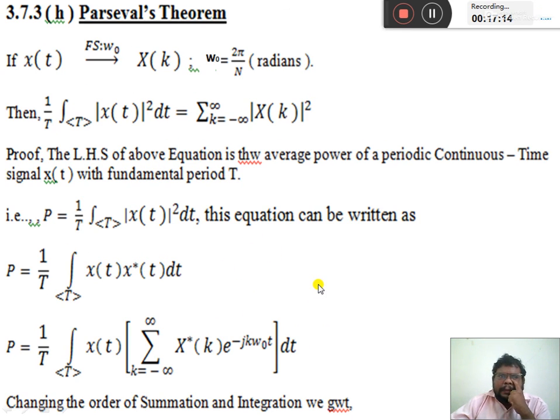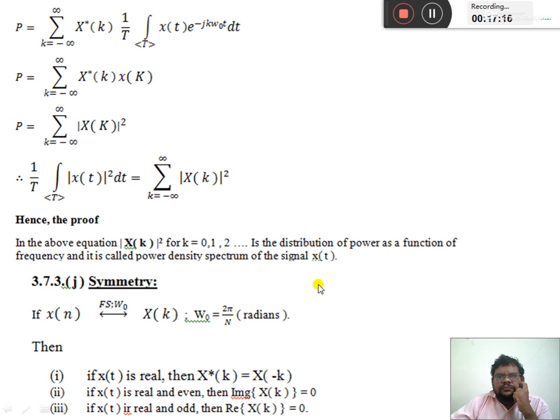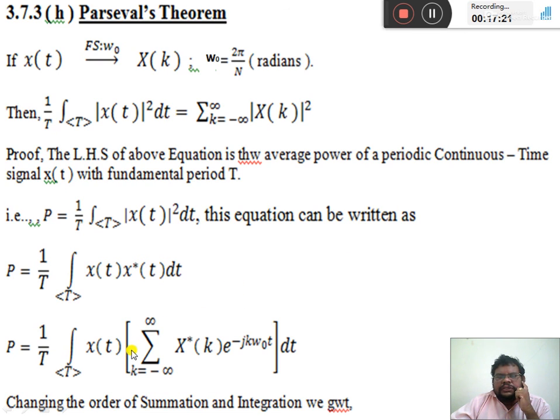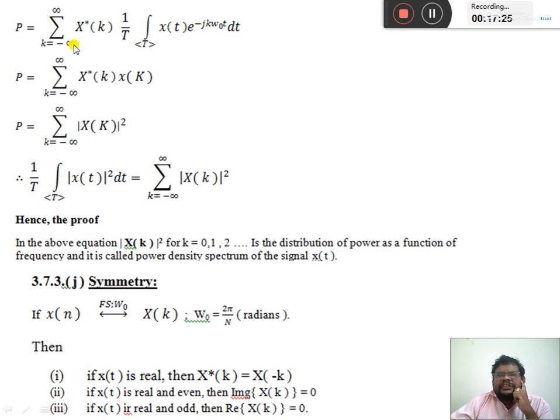So applying this, with x of k, and changing the order of summation and integration, we write this equation as shown here. This x of t times e to the power of minus j term is nothing but capital X of k.